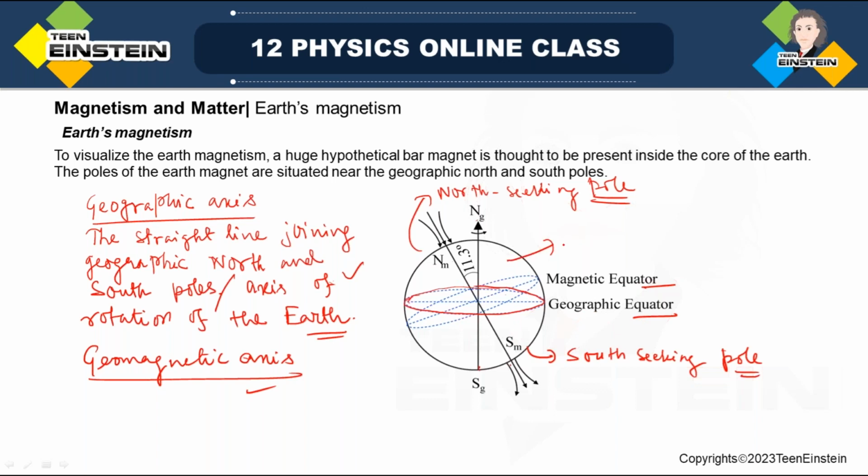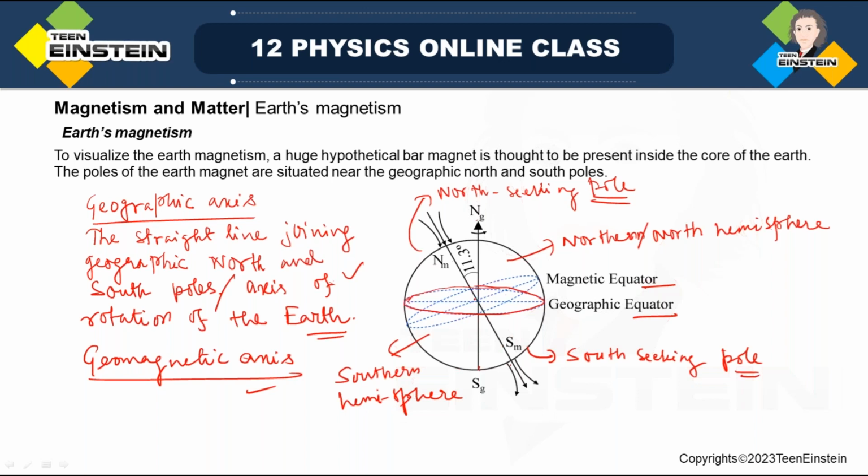So this is called the northern hemisphere or north hemisphere, and this is the southern hemisphere or south hemisphere.